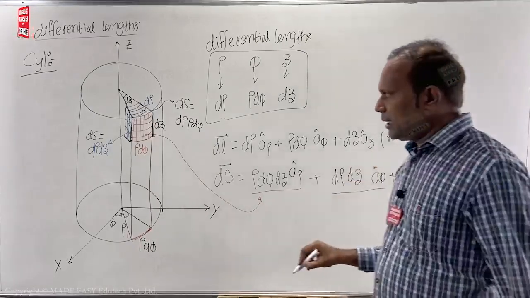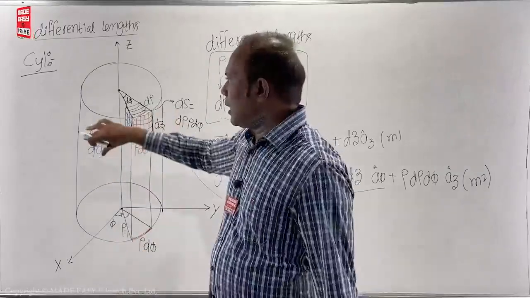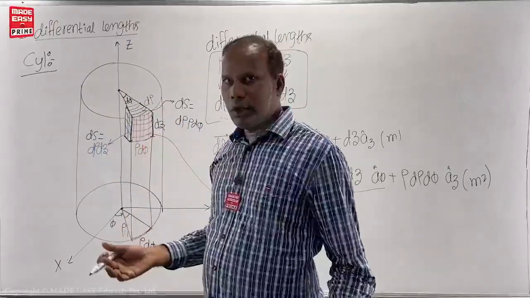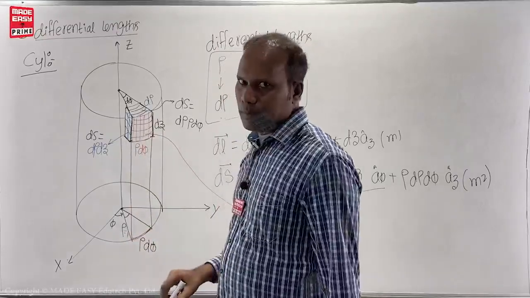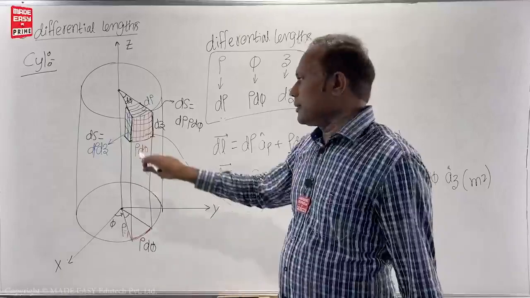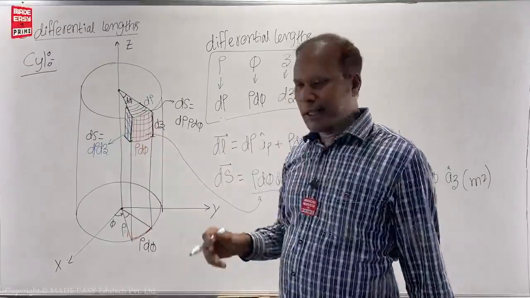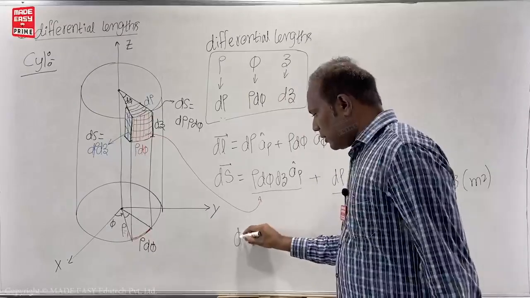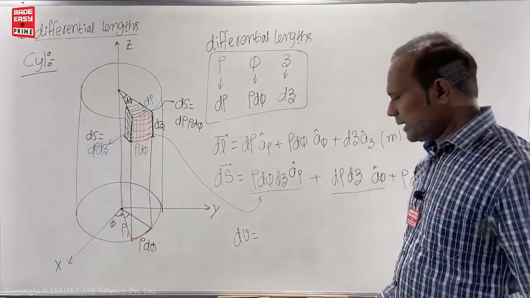Now, actually here you can see a small volume. The total cylinder has a total volume, but this is a small cylinder. So what is the volume of the small cylinder? This marked one is called the differential cylinder. It has a differential volume, which is nothing but the multiplication of all the differential lengths.